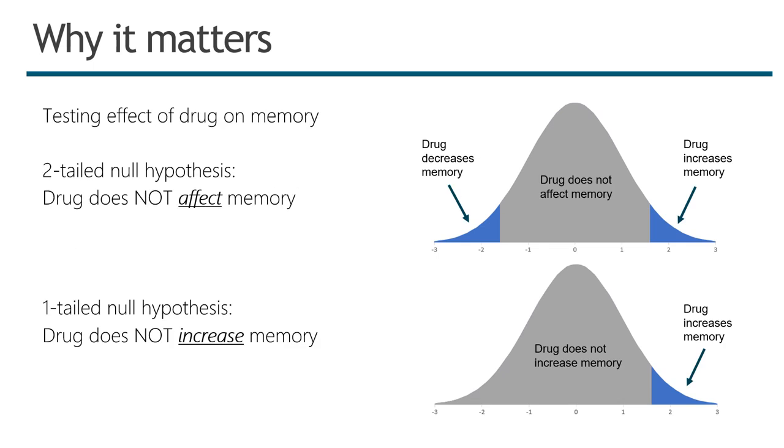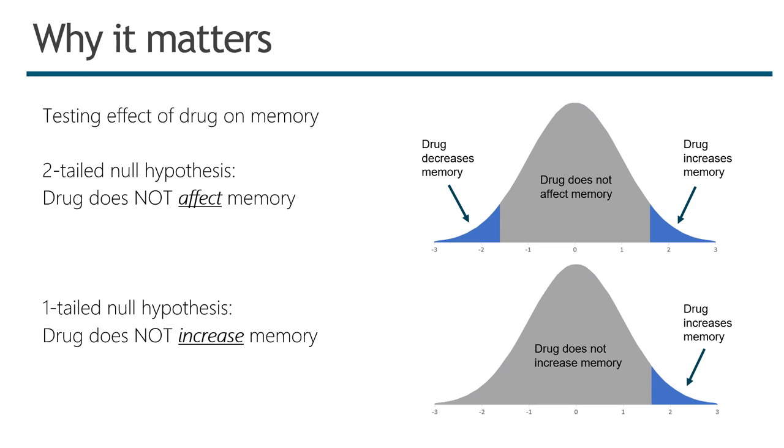Imagine a situation in which a researcher is trying to test if a drug has an effect on memory. Further, imagine that the researcher chooses to test a two-tailed null hypothesis, specifically that this drug does not affect memory at all. The p-value that the researcher has chosen is really looking to find evidence in two different tails, or three different categories.